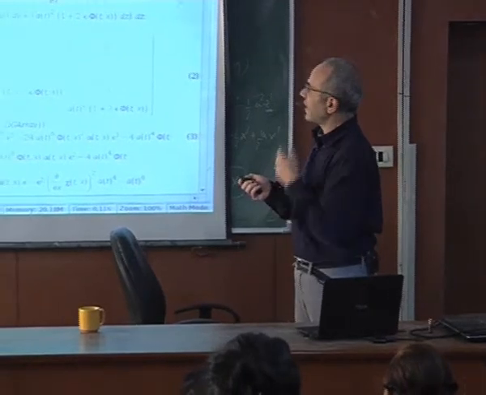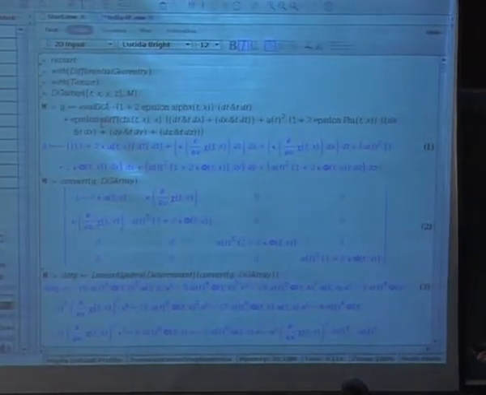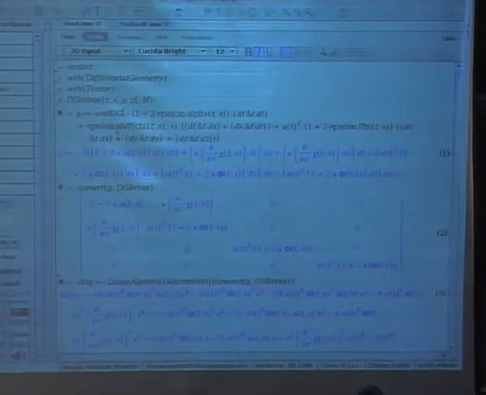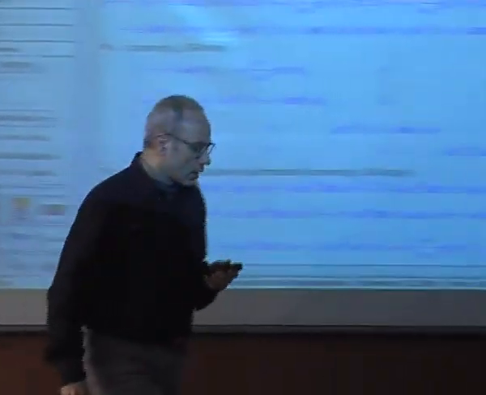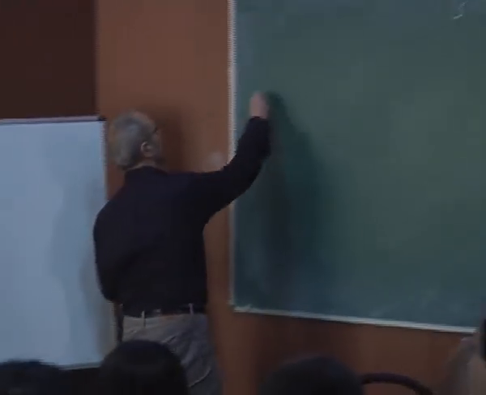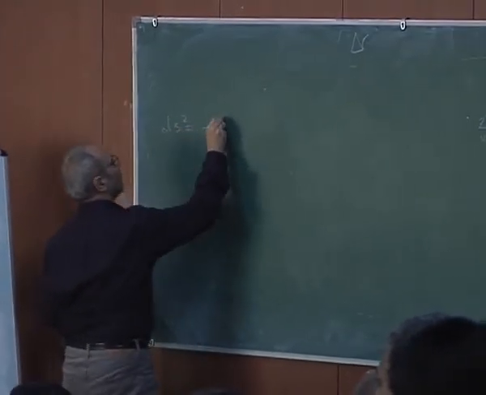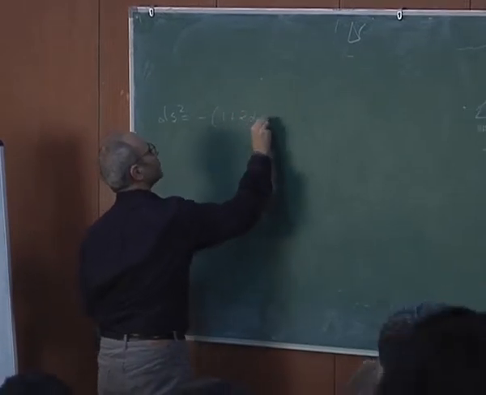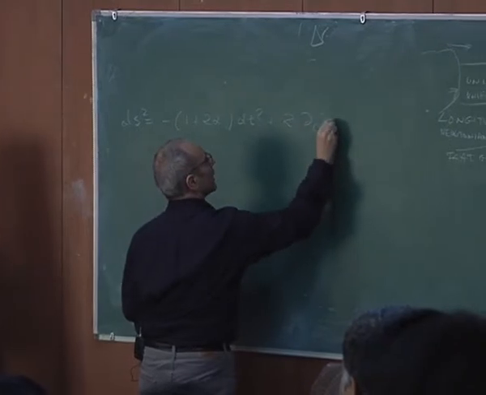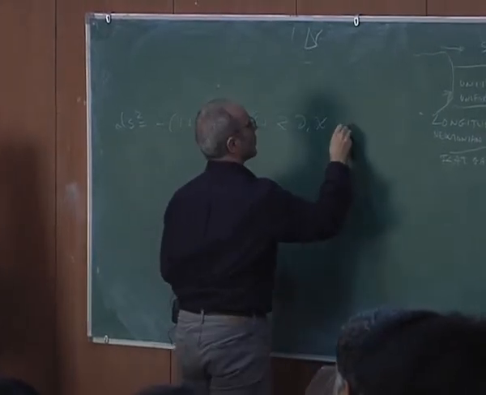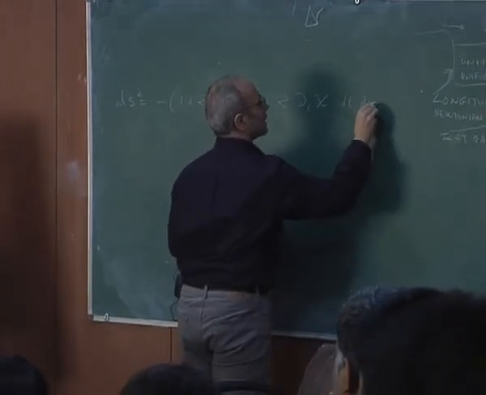So I use that part of the blackboard to write down stuff. Remember, I wrote the metric as: minus 1 plus 2 alpha dt squared, plus twice di chi dt dxi.